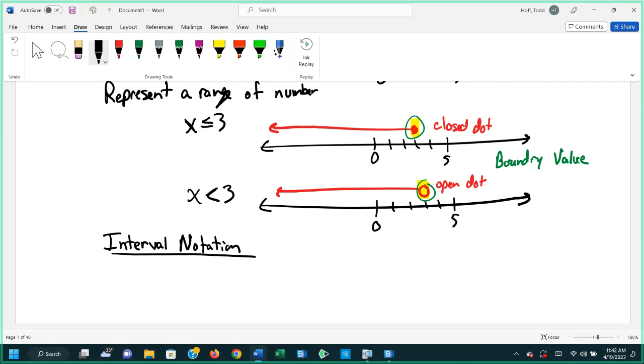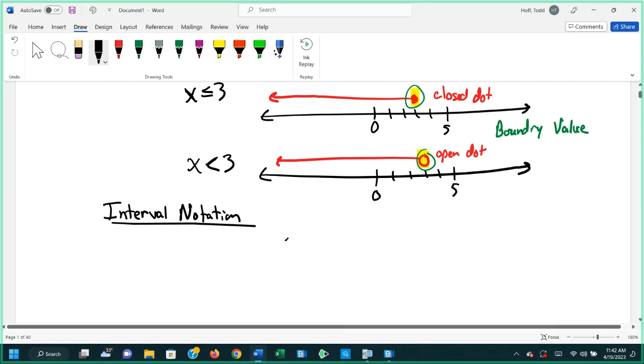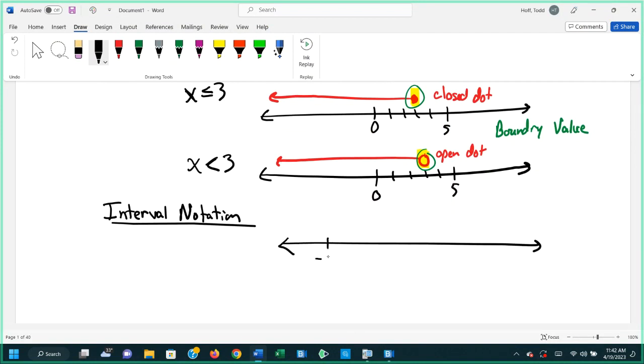But interval notation is just saying the smallest value we can take on and the largest value we can take on. So if I had something like this, and let's say I go from -4 to +2.